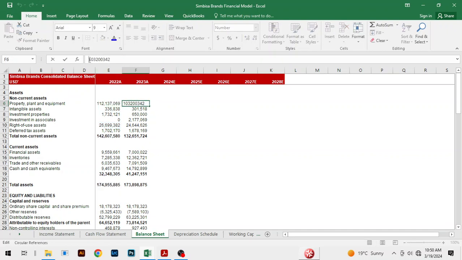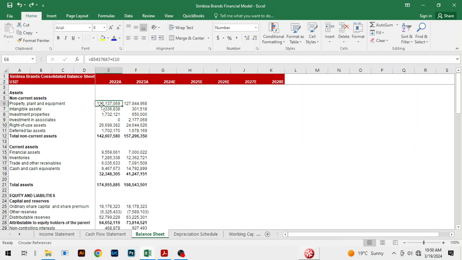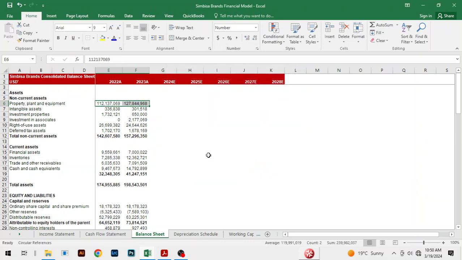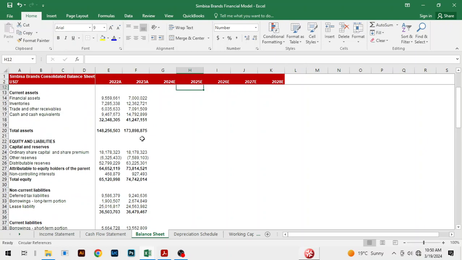And I'll also come here and I'll say plus this figure here, and then I will remove the figure 4. I'll remove that, and then I'll press Alt ES V, that's value. Right, so even if I delete this row now, the balance sheet will still be okay.